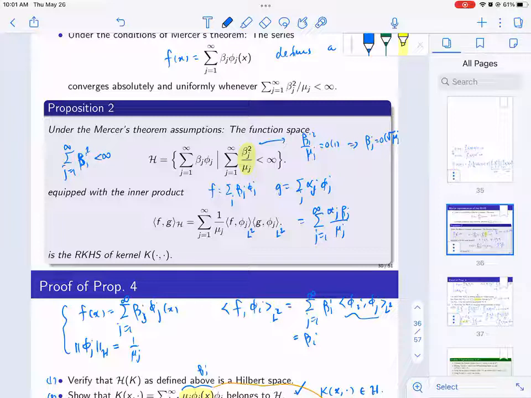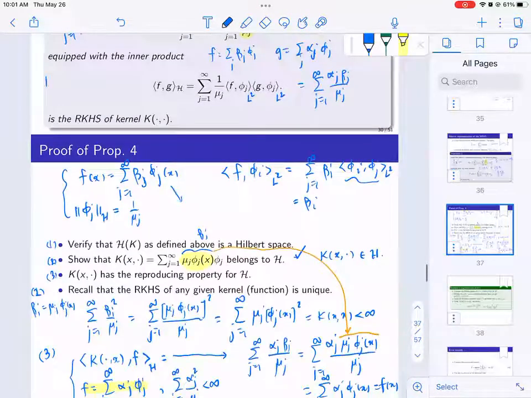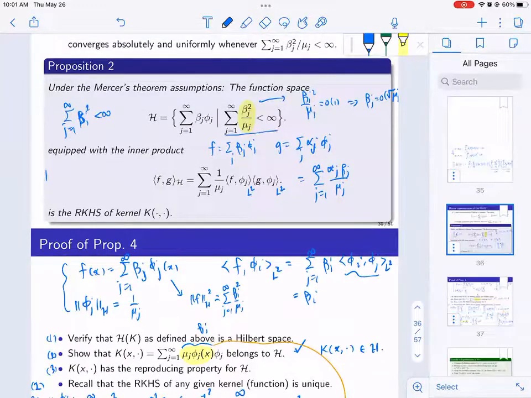If you look at the unit ball, it would be this sum less than or equal to 1, because the norm of f in the Hilbert space would be just summation beta j squared over mu j. So this is effectively saying all the things for which the Hilbert norm is finite.